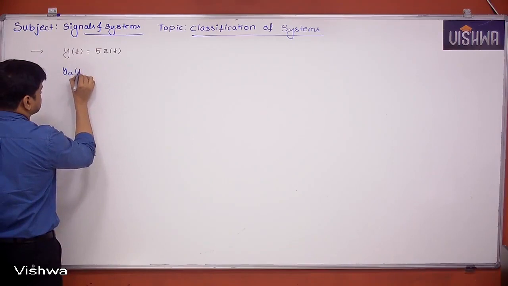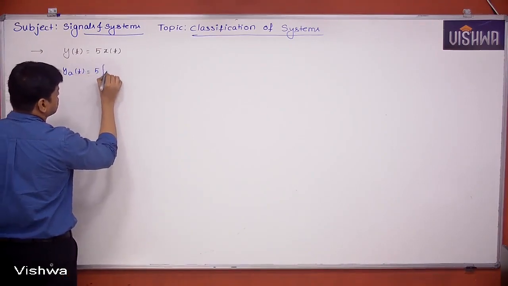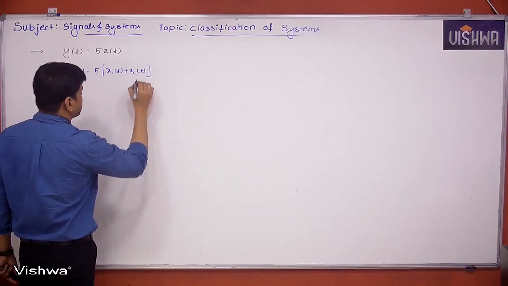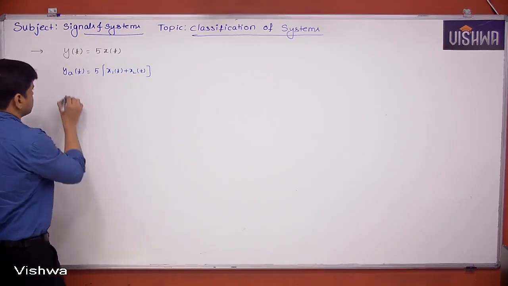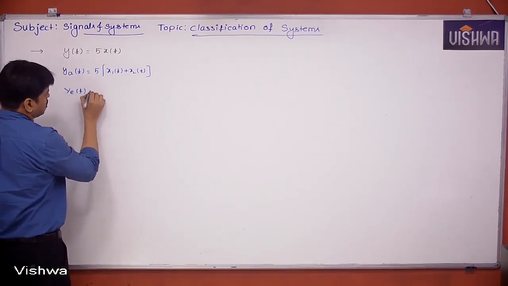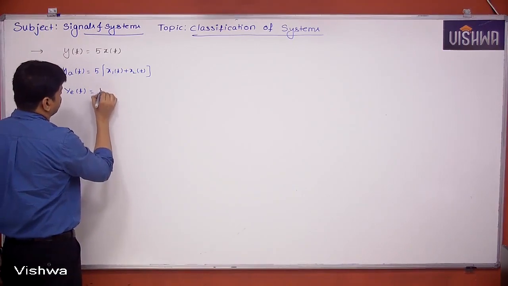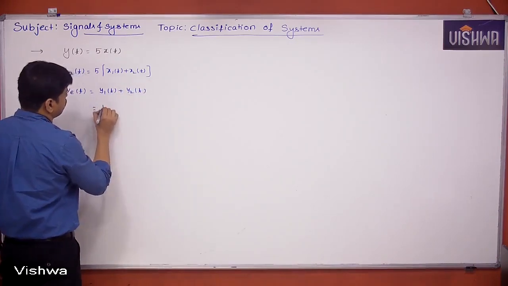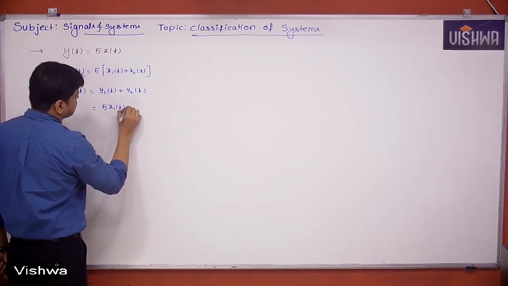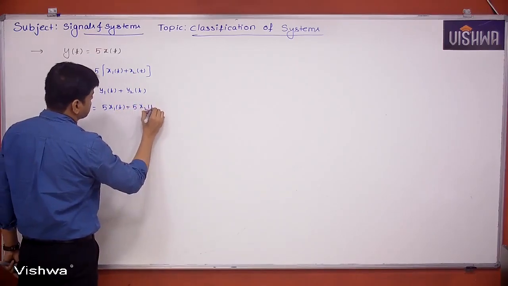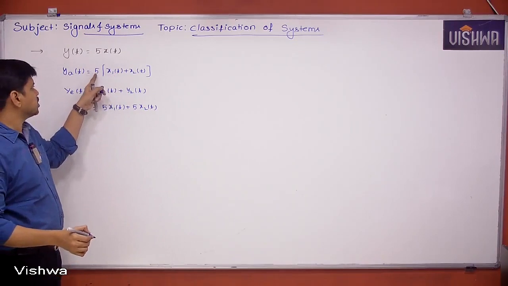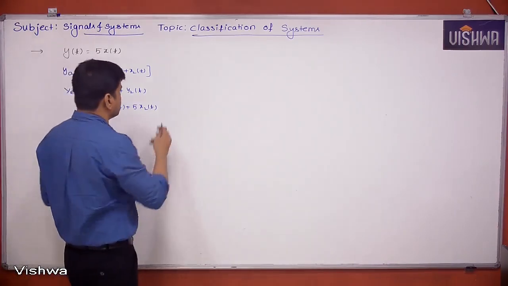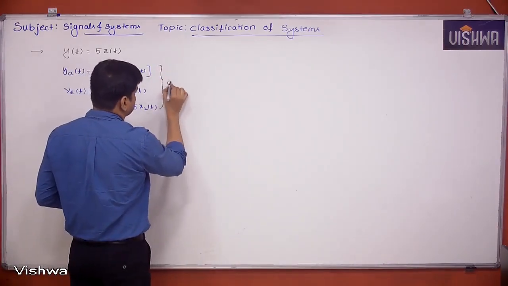The actual output is equal to 5 into x1 of t plus x2 of t, that means simply I am replacing x with x1 plus x2. Next, the expected output is equal to y1 of t plus y2 of t, which is 5x1 of t plus 5x2 of t. Both are the same, because if you take 5 inside the bracket, it is 5x1 of t plus 5x2 of t, so I can say yes, it is satisfying the additivity principle.